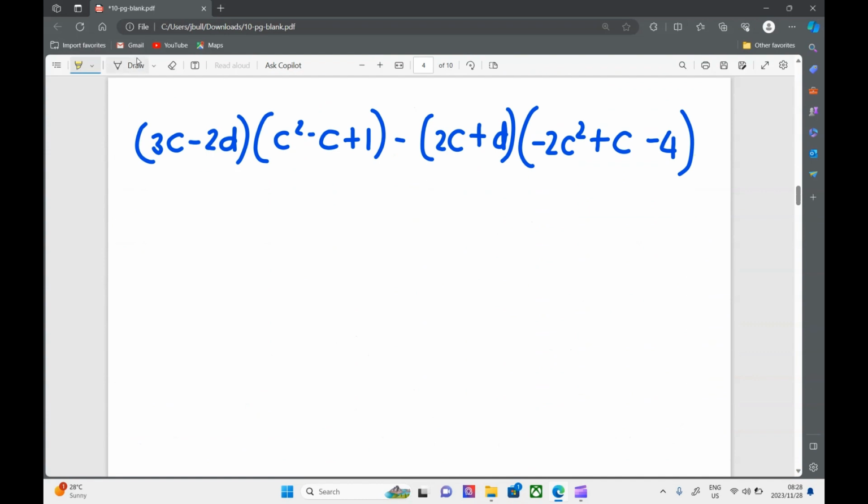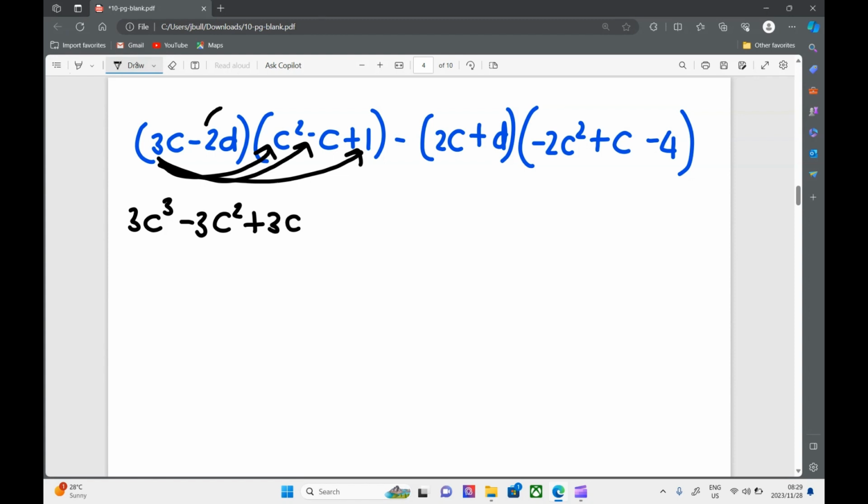Again, just going to go through, first of all, expand and then simplify. So 3c times c squared is going to be 3c³. 3c times minus c is going to be minus 3c squared. And 3c times 1 is just going to be 3c.